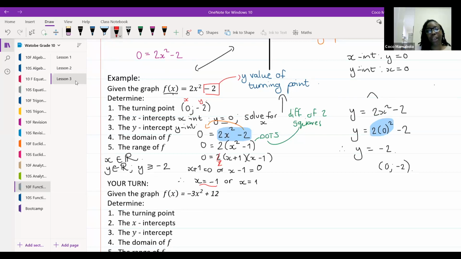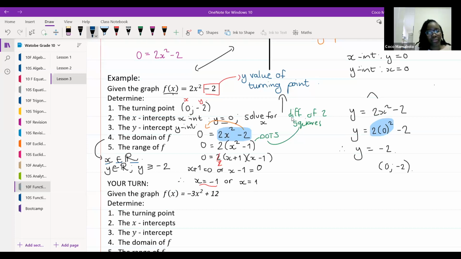Hi, ma'am. I just wanted to ask if you could explain the whole domain and range situation again. I didn't quite get it. All right. If we're going to define the domain, it is what values my x numbers can be. Now, x can be any real number, which is why we write x as an element of real numbers.